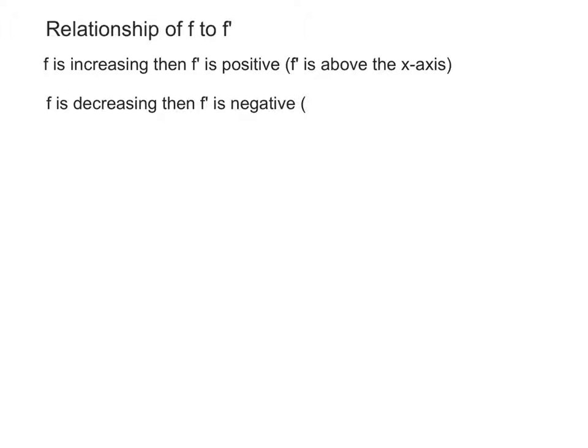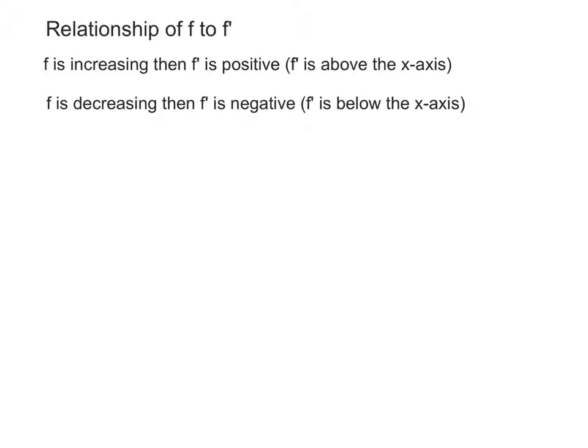And the third thing that we want to point out is, if f has a horizontal tangent, and of course if you look back at the graph at x equal to point C, we've got a horizontal tangent line.